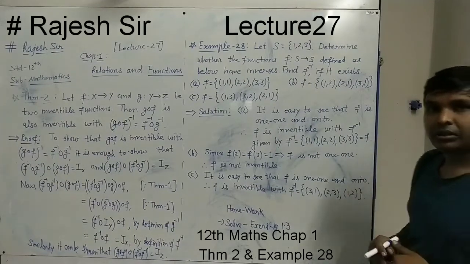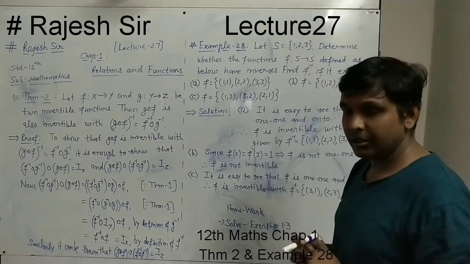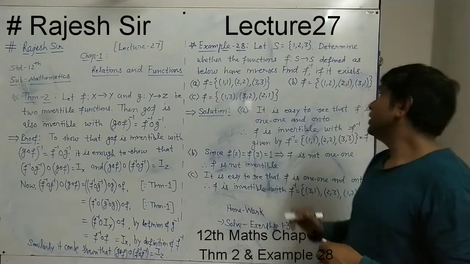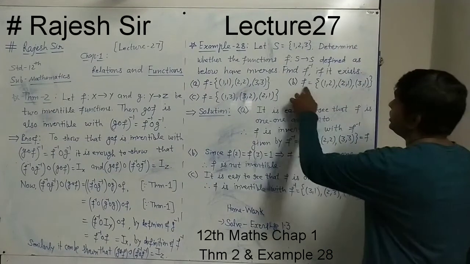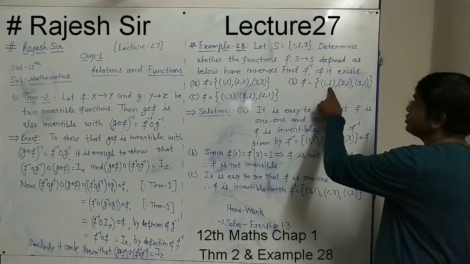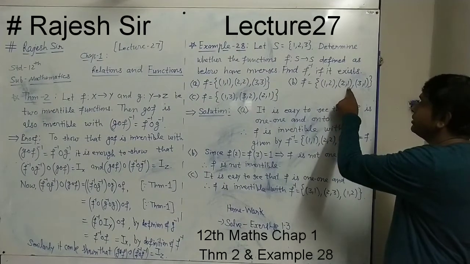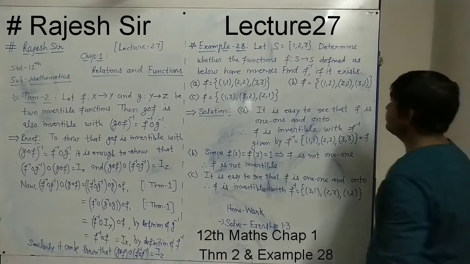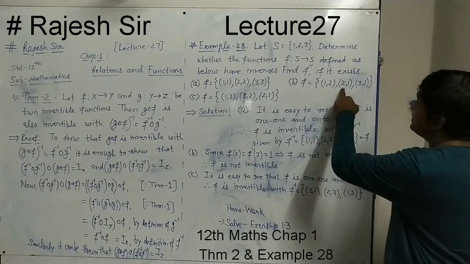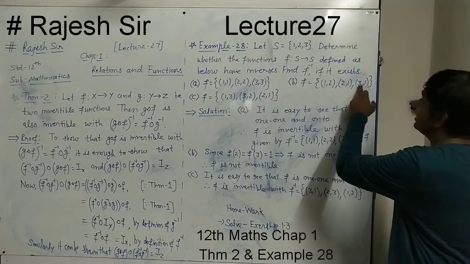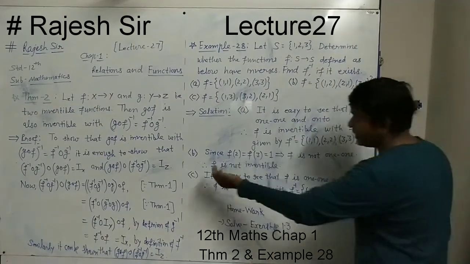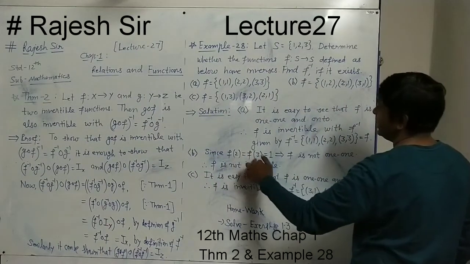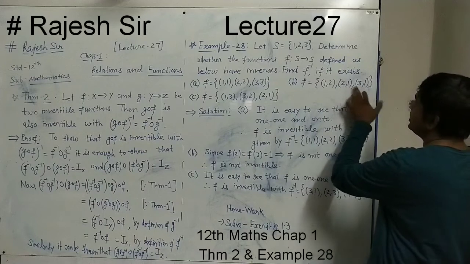The function and its inverse function both come out the same for this A. Now in B, the element 1 has image 2, the element 2 has image 1, the element 3 has image 1. What is the problem here? The element 2 has image 1 and element 3 also has image 1.